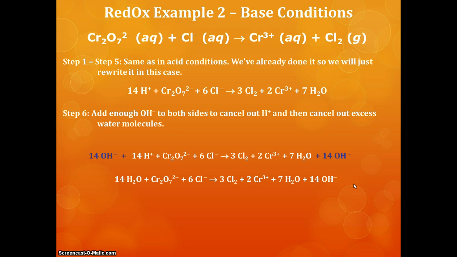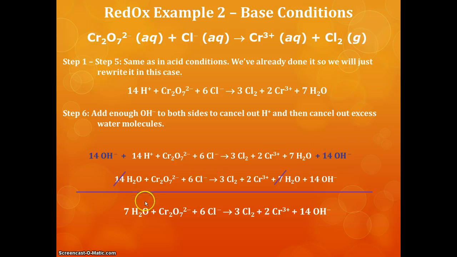If I rewrite that, or combine those, and cancel out like terms, 7 of my waters will cancel out with the 14 on the reactant side, leaving me with 7 H2Os as a reactant and 14 OH minuses as a product. So this is what the reaction looks like if it happens in base. Note the difference. The waters have moved from the product side to the reactant side, and the H plus has been eliminated and replaced with OH minus as a product.